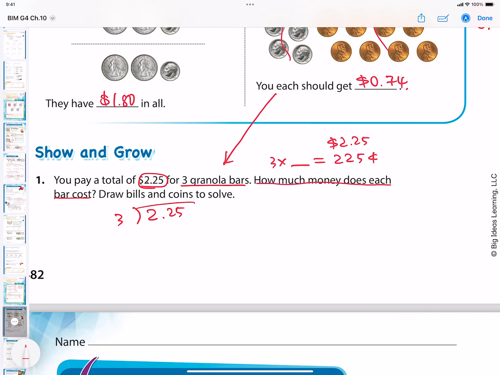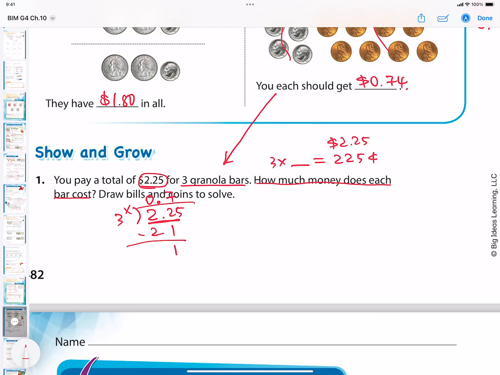Okay, now 3 can fit into 2, nothing. So you put this 0 and the decimal. Now you are working on this 22. 3 times what is going to be close to 22 but not greater? Or how many times 3 can fit into 22? Yes, we know 7, right? Because we know 21, right?